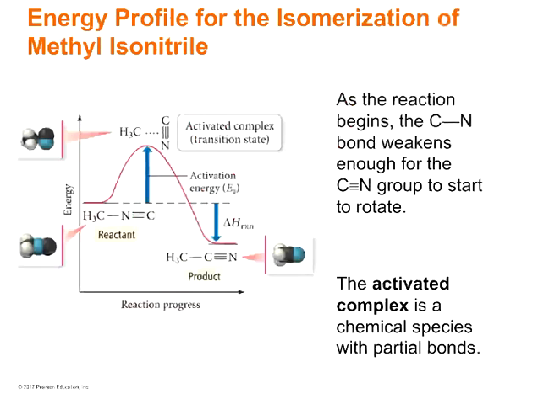So this is the energy diagram for the isomerization of methyl isonitrile. At the beginning, we have our bond between CH3 and nitrogen, but then it starts to break once it has enough energy, and then we get our activated complex, where that carbon-nitrogen group is going to flip, and the amount of energy needed in order to do that is the activation energy.